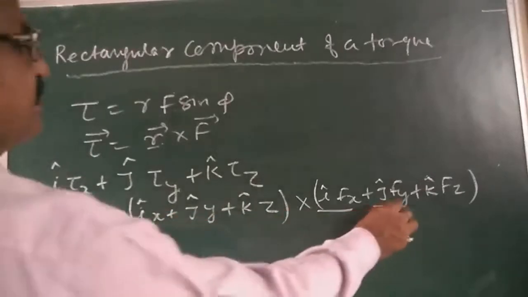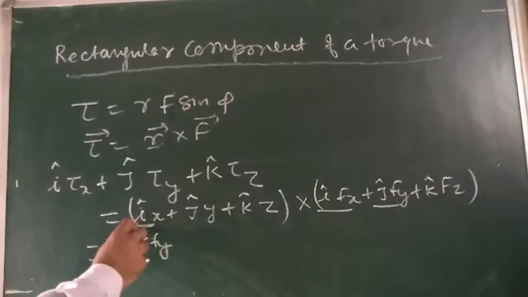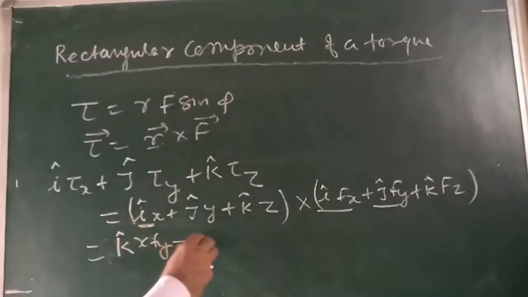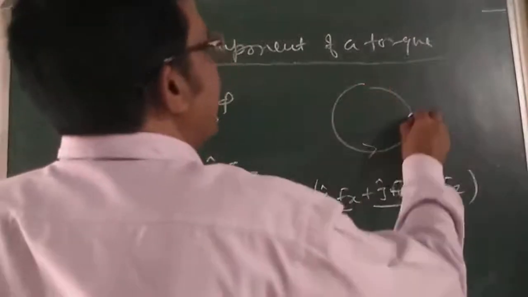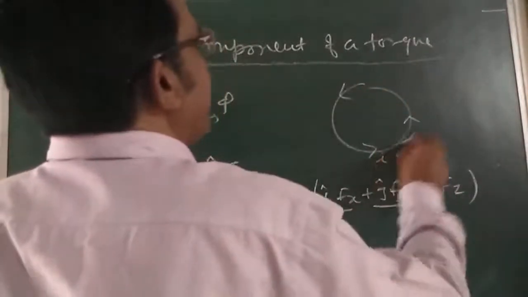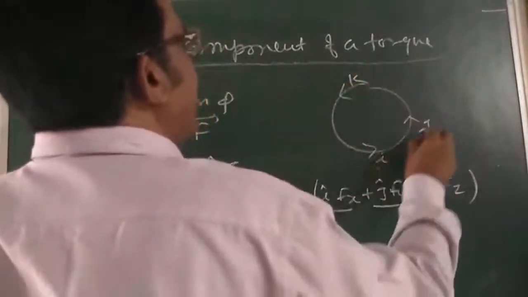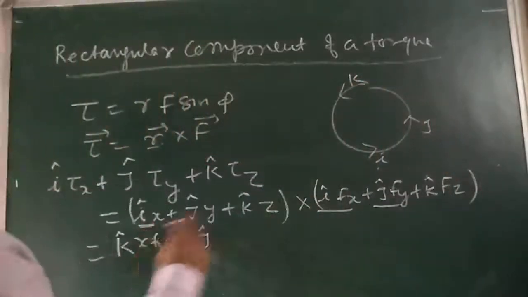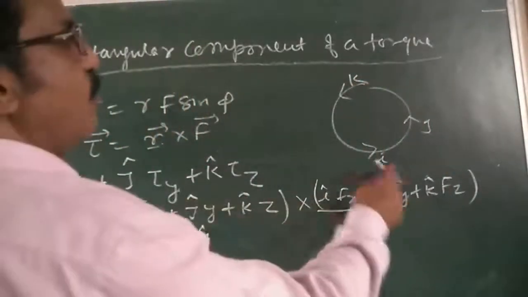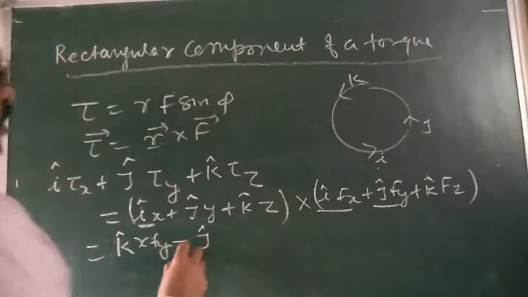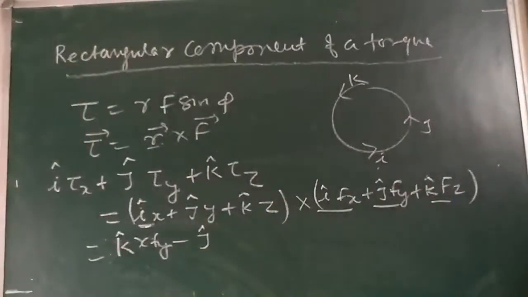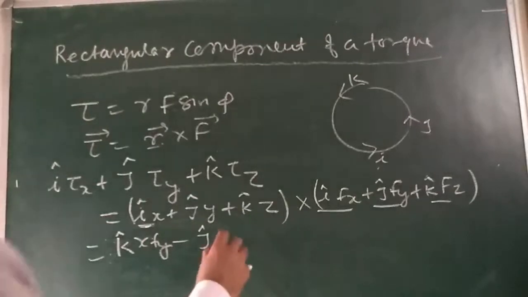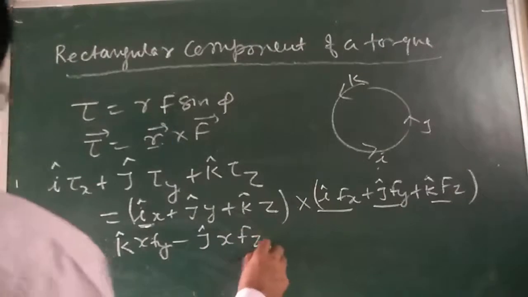Similarly i cross k is minus j, because the order is reversed. Remember the formula: i, j, k. i cross k gives minus j, that is x Fz, so minus j x Fz.